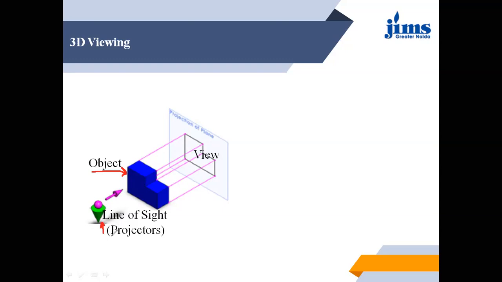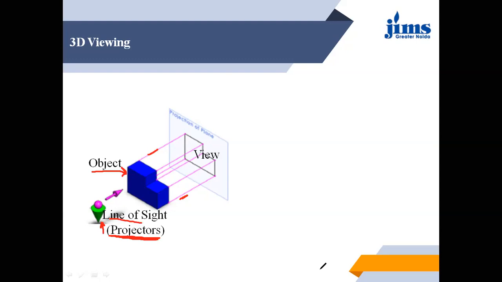This is also called the projector. From where the line starts, it is called the projector, and these are the lines of sight, which pass through the edges of this object.